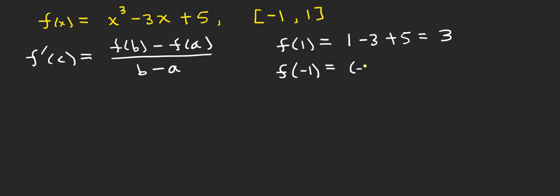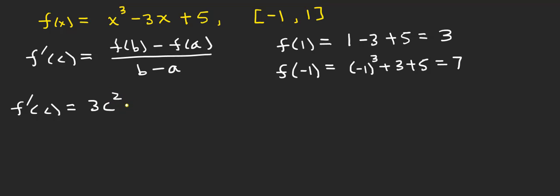It will be quantity negative 1 to the third plus 3 plus 5, which is negative 1 plus 8, 7. Now we got to find f prime of c. So that is the derivative of f of x. So f prime of c is going to be 3c squared minus 3.